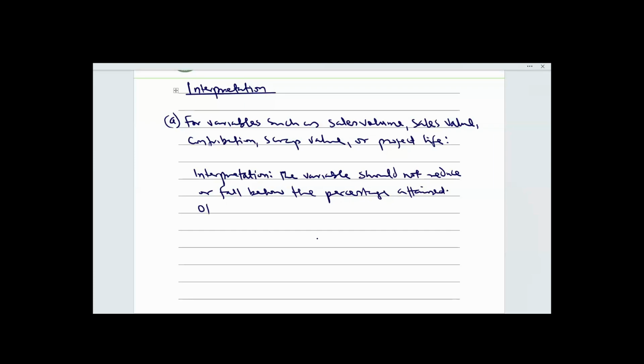Otherwise, the project will not be viable.